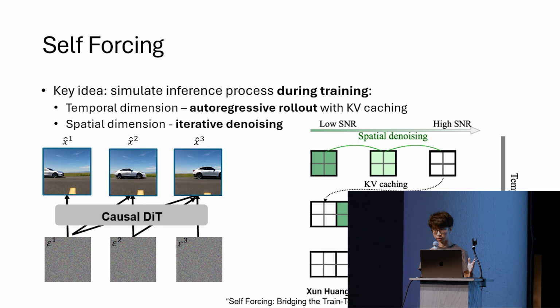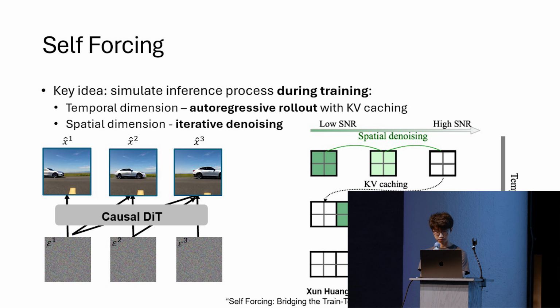So we generate a video frame by frame, and for each frame we do an iterative diffusion process. Specifically, for example, for the first frame, it goes from pure noise to a frame. Actually, it went through several iterative denoising steps, but I just want to show one here.